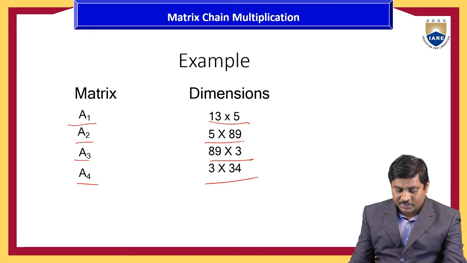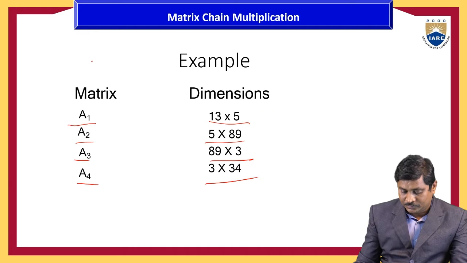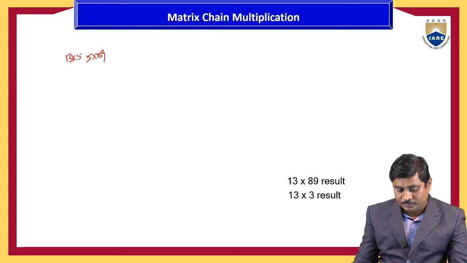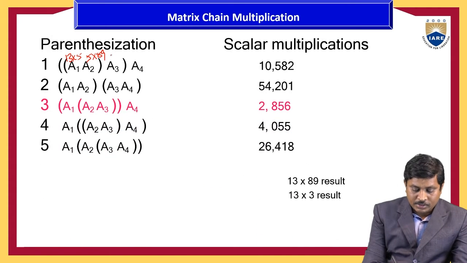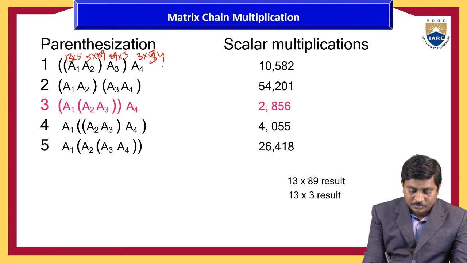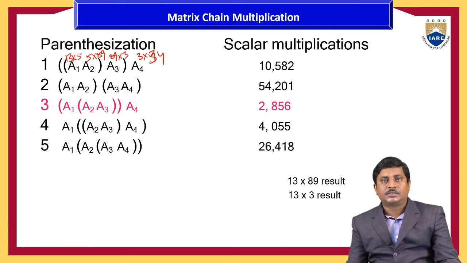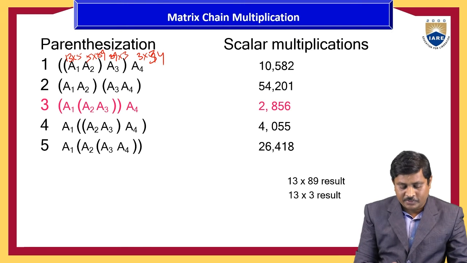Here we see A1 is 13 by 5, A2 is 5 by 89, A3 is 89 by 3, A4 is 3 by 34. These are the dimensions. Now, how to get this value: 13 into 5 into 89, with 5 common.